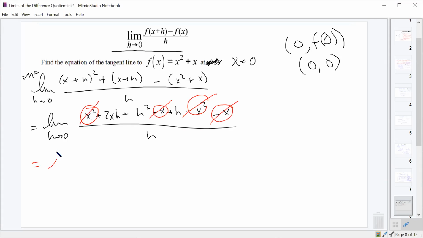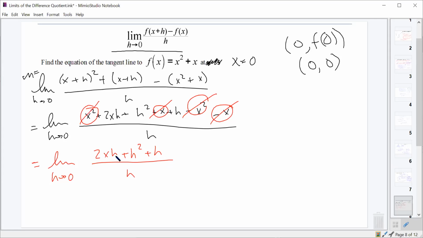We're left with the limit as h approaches 0 of 2xh plus h squared plus h, all over h. Now if we try to evaluate this limit, plugging in 0 for h, what do we get? 0 over 0.